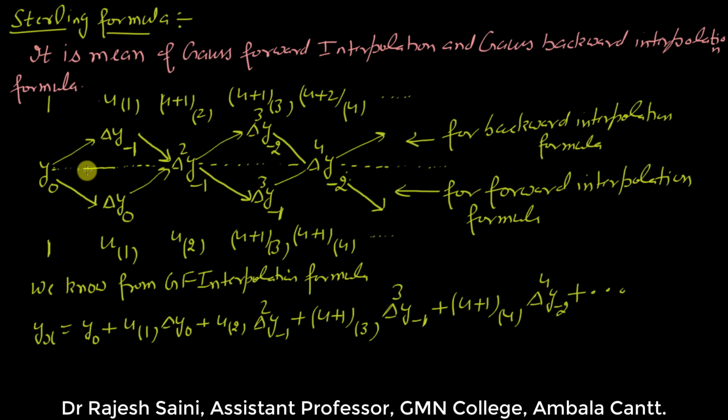What we have used are the coefficients written along the line and below the line. This coefficient is multiplied with this delta y naught, this one is multiplied with this one, and so on. We have written Gauss forward interpolation formula.